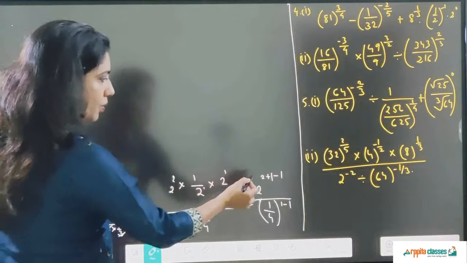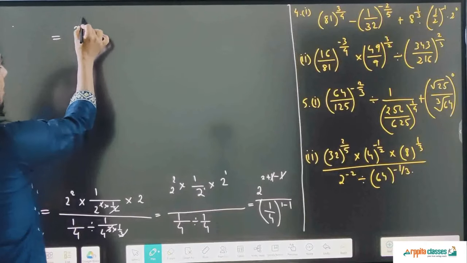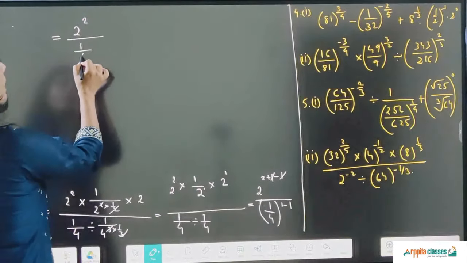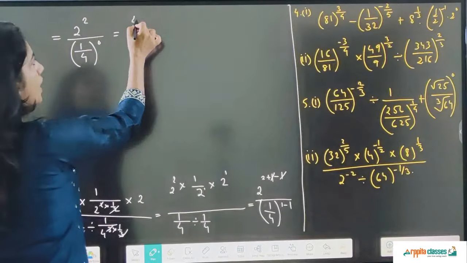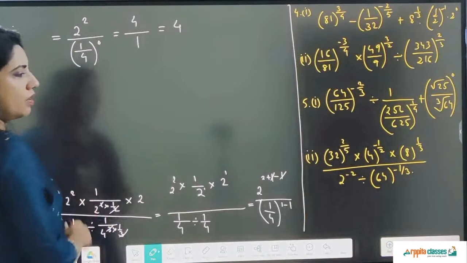So here I get 2, this 1 and 1 gets cancelled. So here I get 2 to the power 2 divided by 1 by 4 to the power 0. 2 to the power 2 is 4 and anything to the power 0 is 1. So finally the answer is 4.